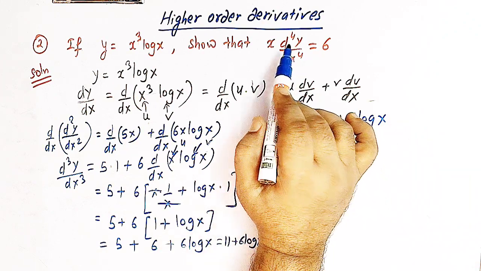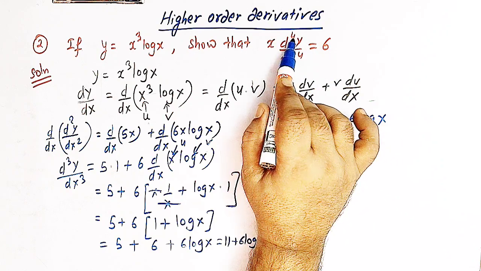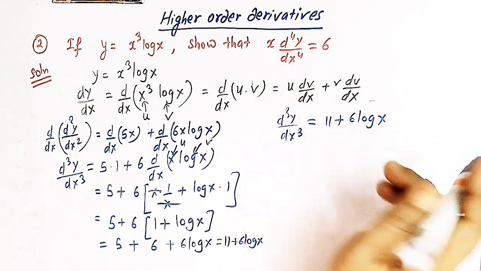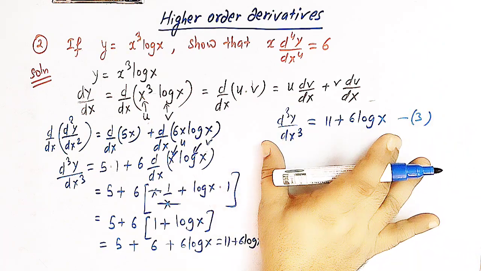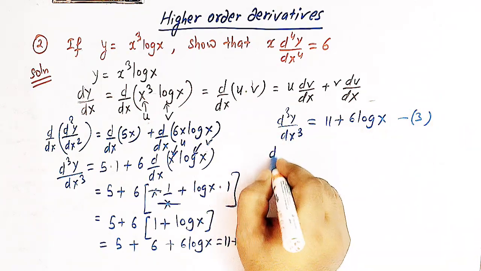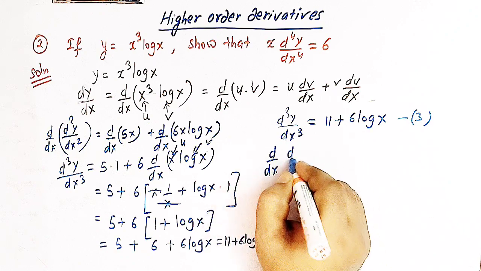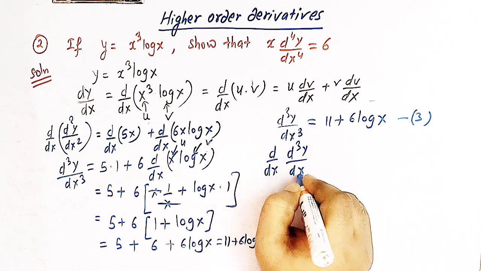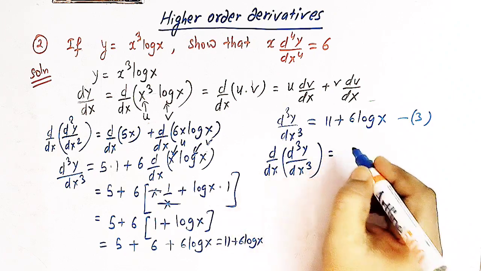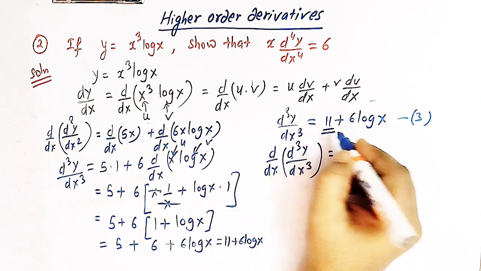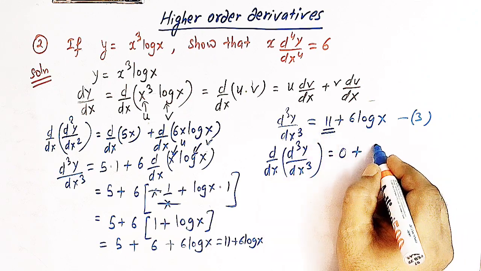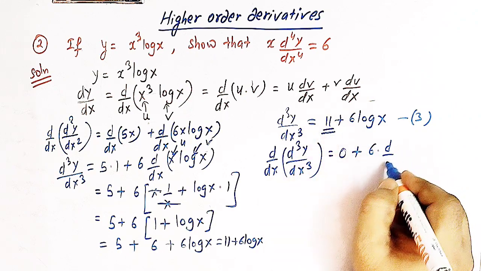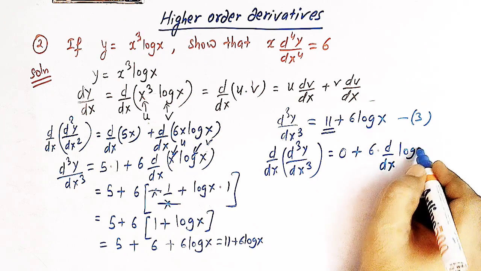Now here we wish to find out the fourth derivative. So again differentiating both sides with respect to x, we have d by dx of d3y over dx3, and here the derivative of 11 is 0 because 11 is a constant, and here we have 6 times the derivative of log of x.